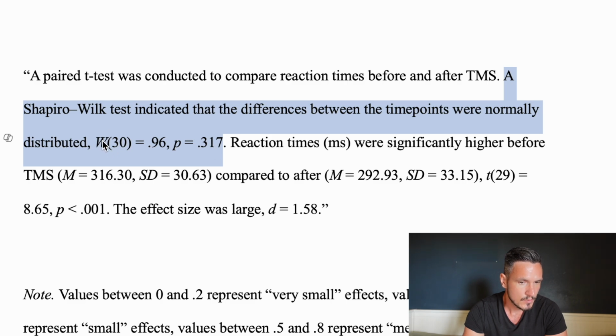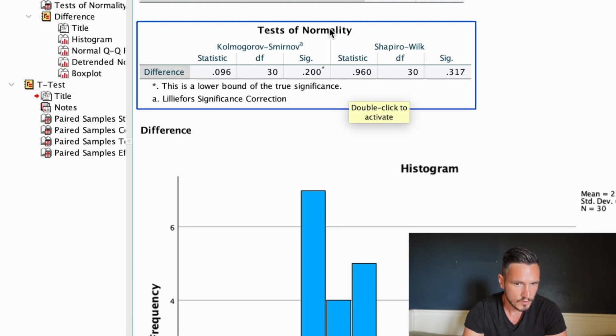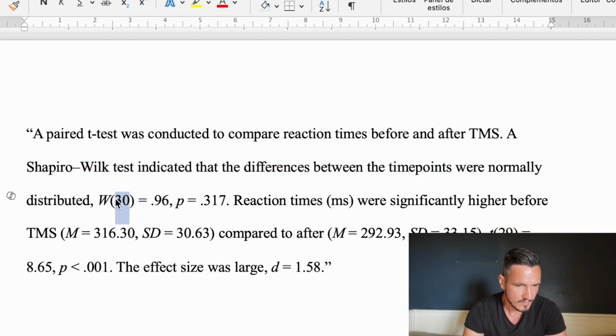So we have a W value of 0.96, and if we go back to the output and we scroll up to this test of normality table, we can see in this column here that we have a value of 0.960. So I've just rounded that to 2 decimal places in the results section. We have the degrees of freedom value of 30, and we have a sig value of 0.317. So here is the degrees of freedom value, and here is the p or sig value of 0.317.